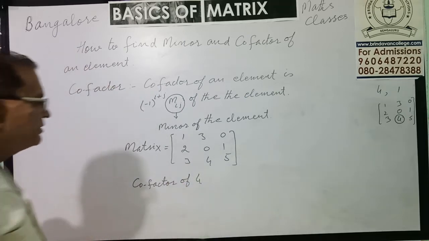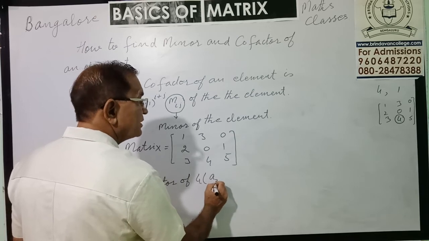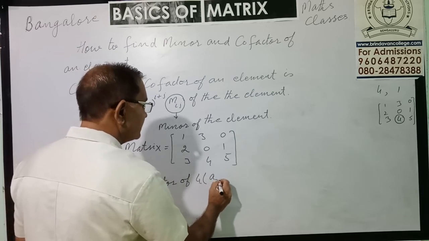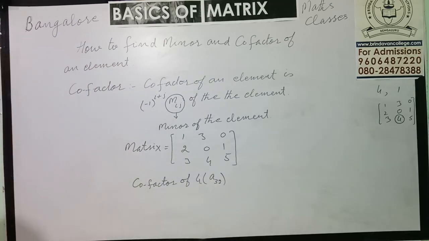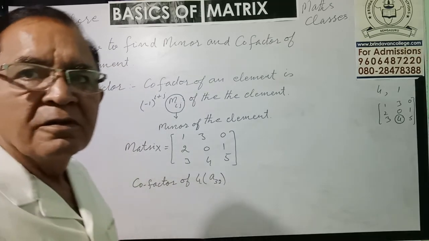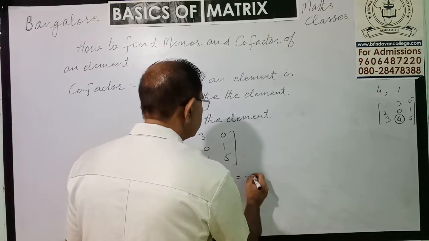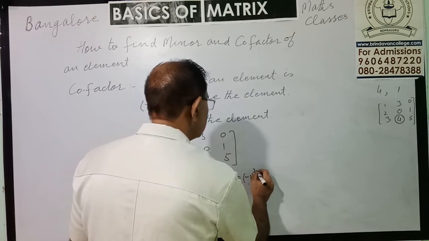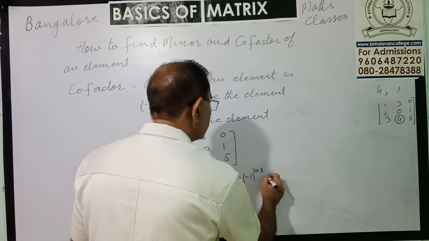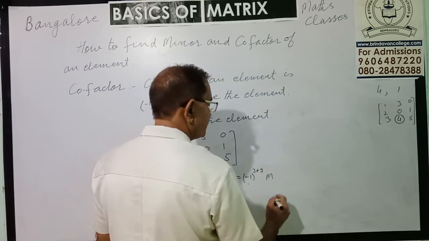Now 4 is the element in the third row, second column. Then how will we do it? -1 power third row, second column, minor of 4.